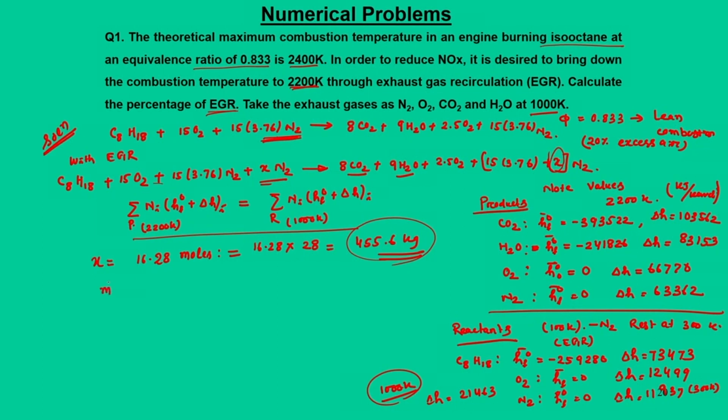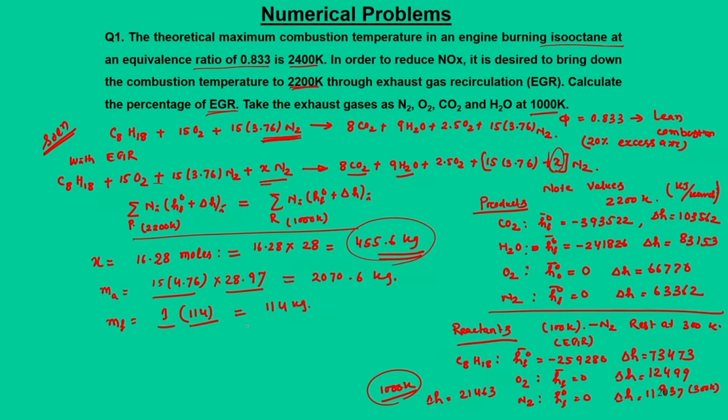Correspondingly, we can find the mass of air, which is 15 times 4.76 times 28.97, giving 2070.6 kg. The mass of fuel, which is a mass rather than a mass flow rate, is 1 mole times the molecular weight of fuel, 114, so it is 114 kg.